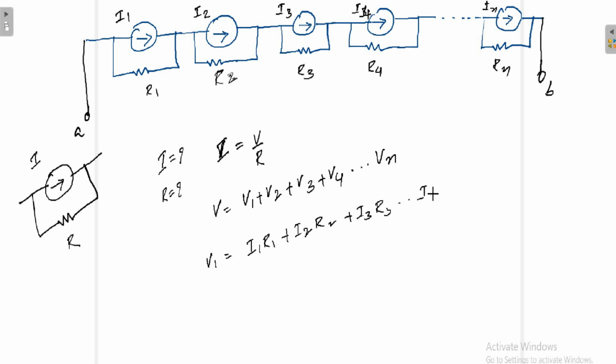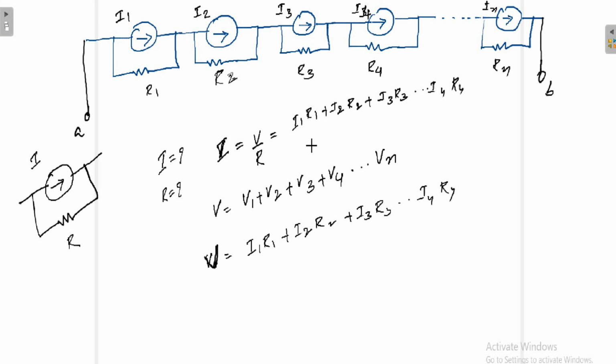Let us substitute here. By substituting you will get V is equal to I1 into R1 plus I2 into R2 plus I3 into R3 through In into Rn. Now what is this R?